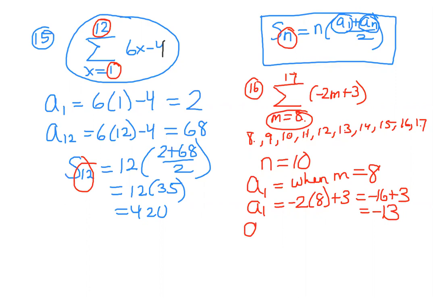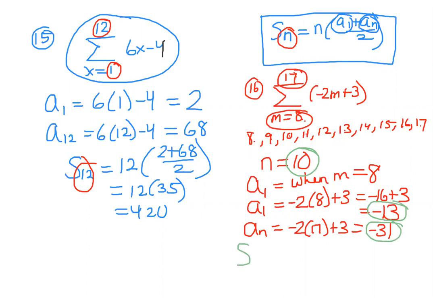And our AN is really when m equals 17. So that's negative 2 times 17 plus 3, which is negative 31. So now we have all our pieces. We have our n, we have our A1, and our AN.